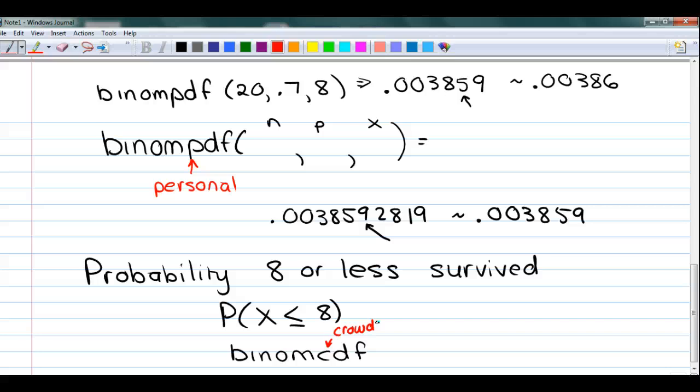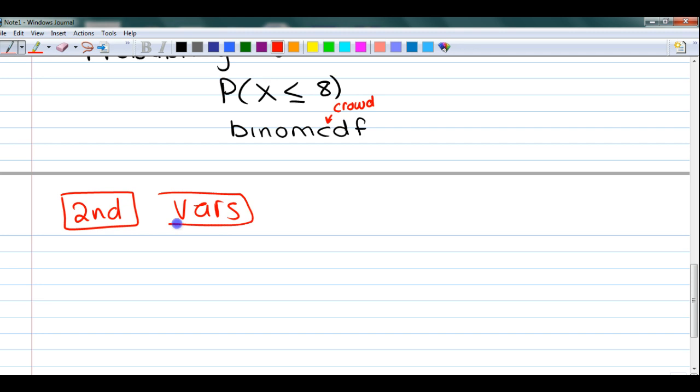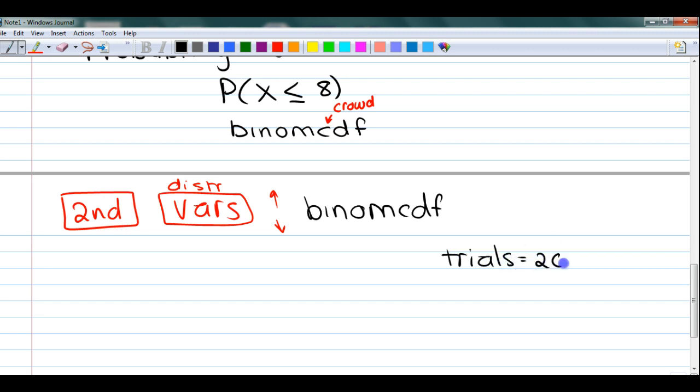So we want to hit second vars. That accesses the distribution function. Then we want to scroll up or down until we find binomial CDF. And it's going to want everything in the same order. So our number of trials is 20.